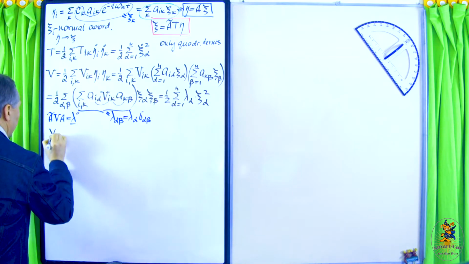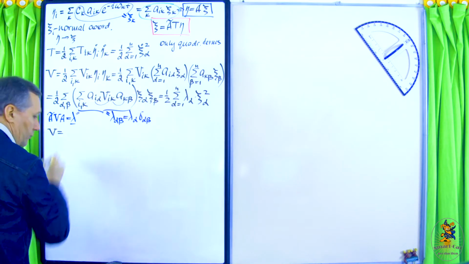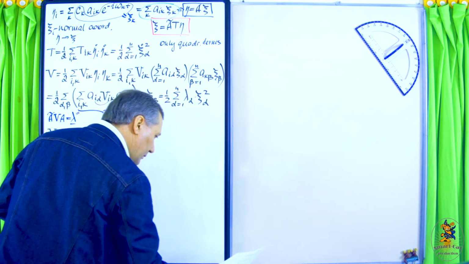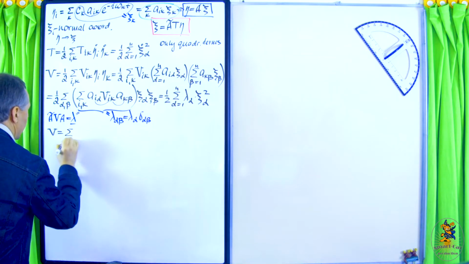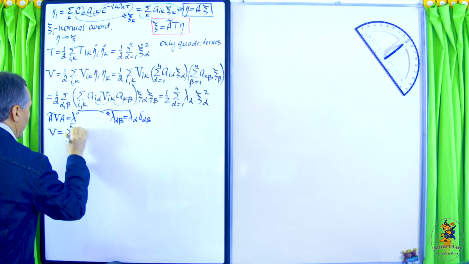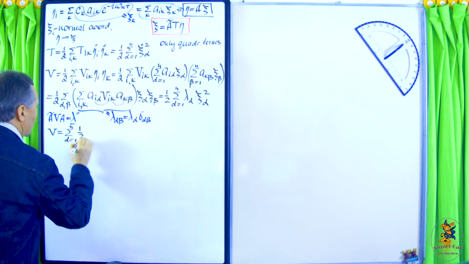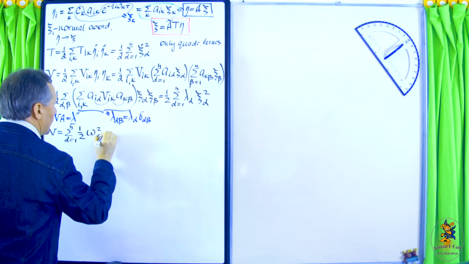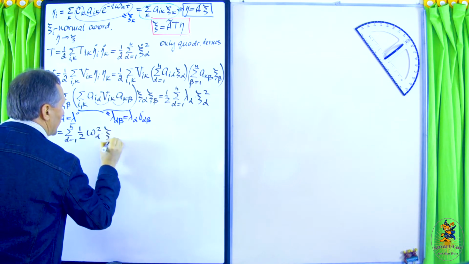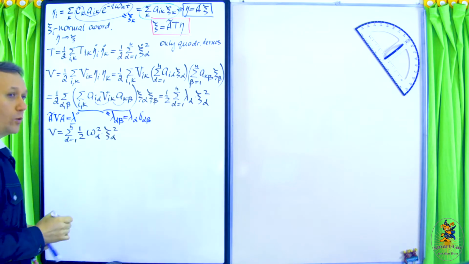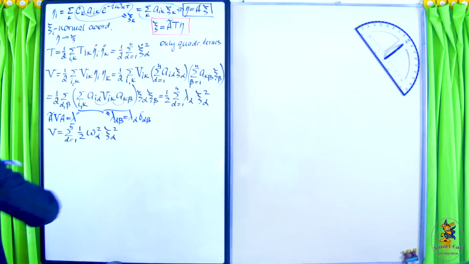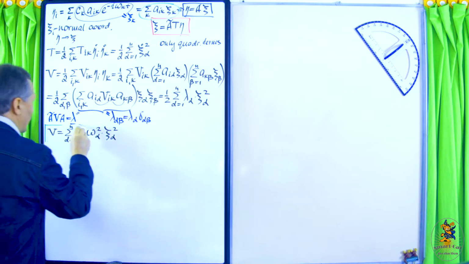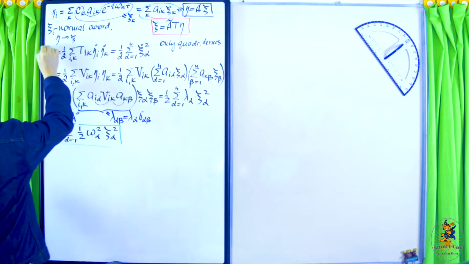Summation over alpha from 1 to n, then 1 over 2, so that will be omega alpha squared and psi alpha squared. Again, only quadratic terms. Okay, let me frame it because it's important, right?